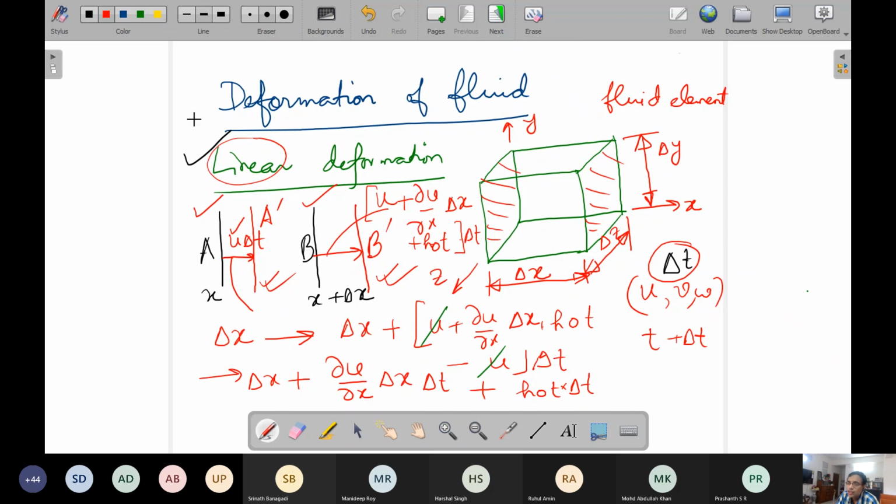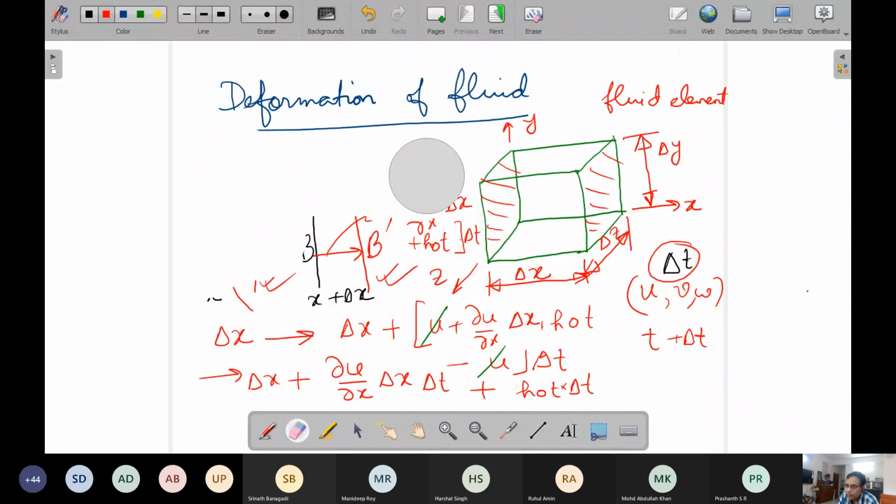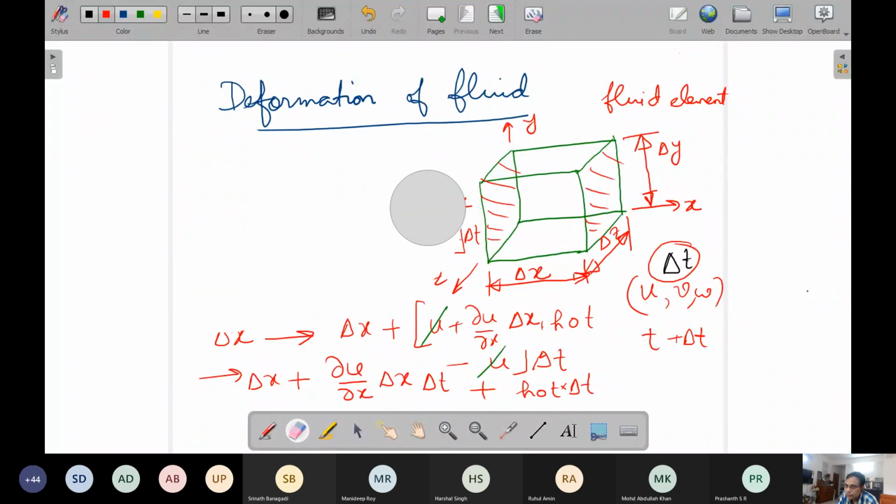So what is the change? Let me erase this part so that I can write with some clarity. So what is that change? The change is what I'm just circling here.